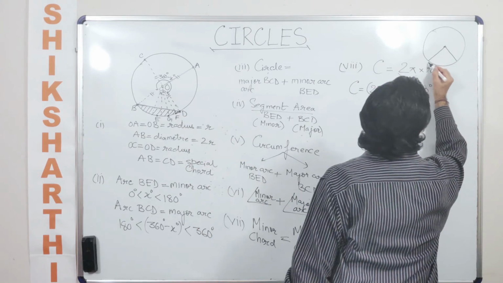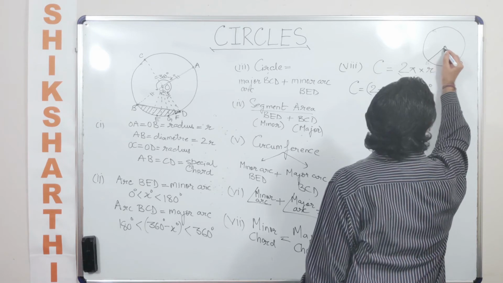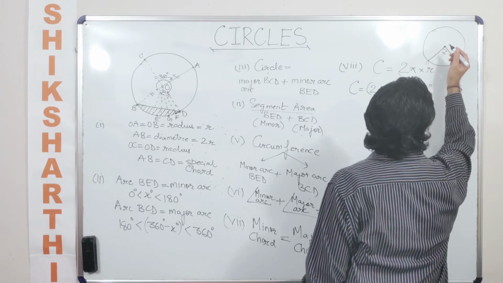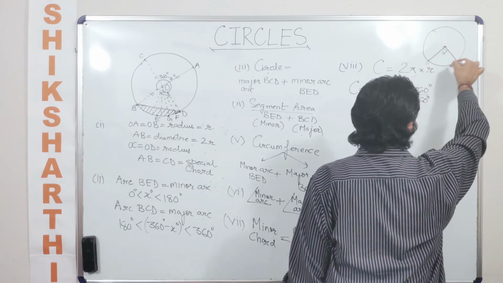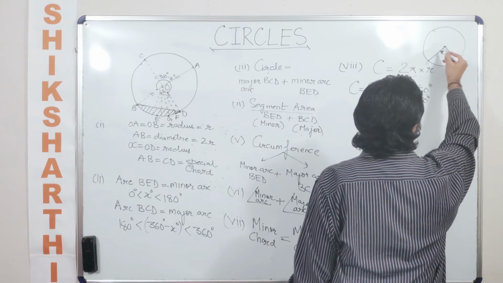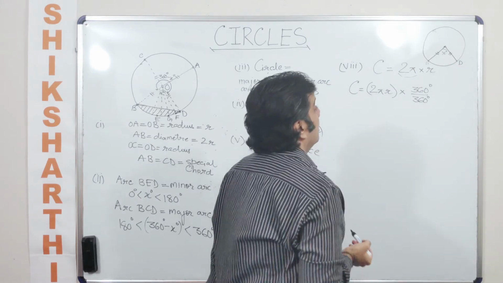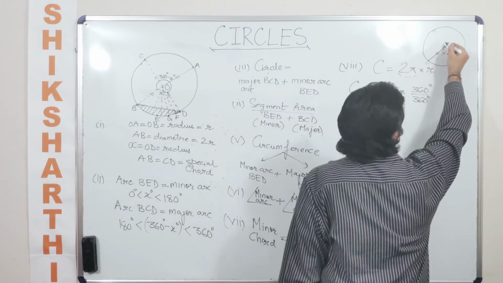Let's say this is point B and this is point D, and the angle which it makes here is x degrees. So this is the arc, and the lateral sides of the arc are nothing but the radius itself, and this point is nothing but the center.